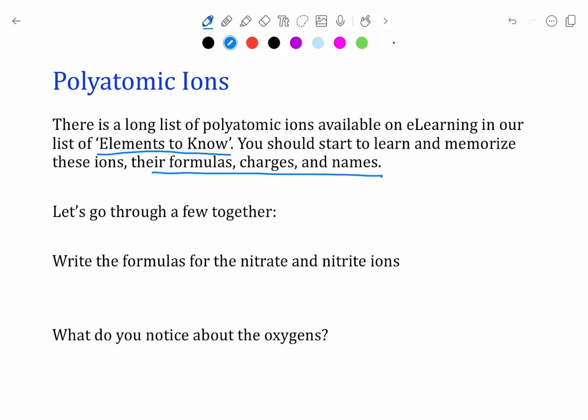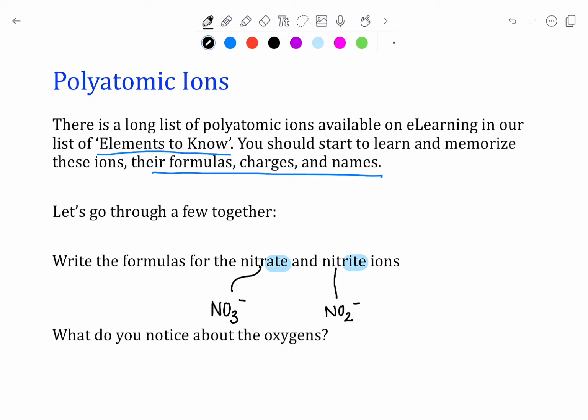Okay, so looking at your elements to know chart, let's write the formulas for the nitrate and nitrite ions. So they have slightly different endings, nitrate and nitrite. Well, nitrate is NO3 with a -1 charge, and nitrite is NO2 with a -1 charge.